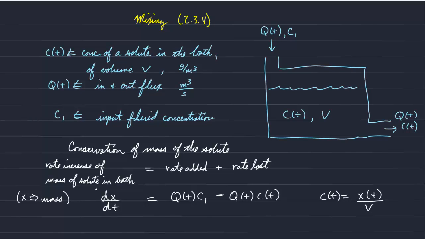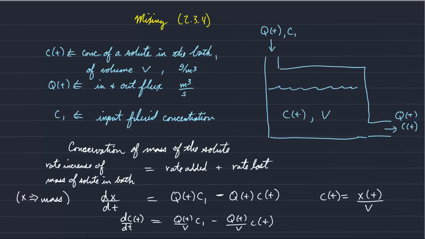So we can change this conservation of mass equation, this rate change in mass, to a rate change in concentration, by just dividing both sides of the equation by V. So we have Q of T over V times C1 minus Q of T over volume times the concentration in the bath.